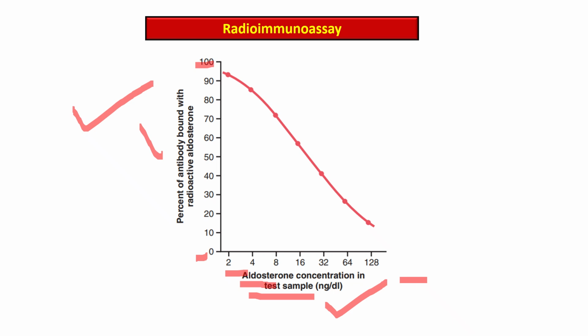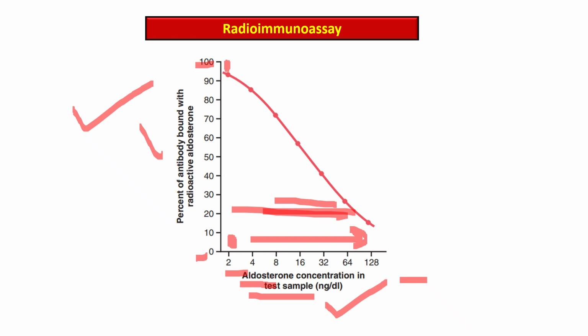At low aldosterone concentration, like this 2 nanogram per deciliter, nearly 100% of the antibody is bound to the radioactive aldosterone. As the test sample aldosterone concentration increases, it competes with the radioactive aldosterone for antibody binding, and this reduces the amount of radioactive aldosterone that remains bound.